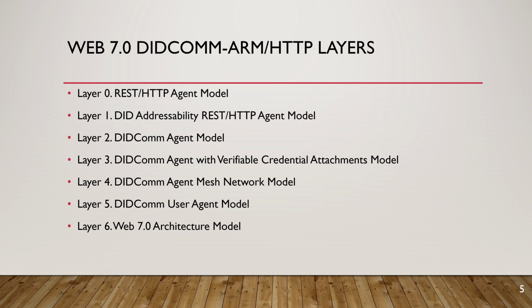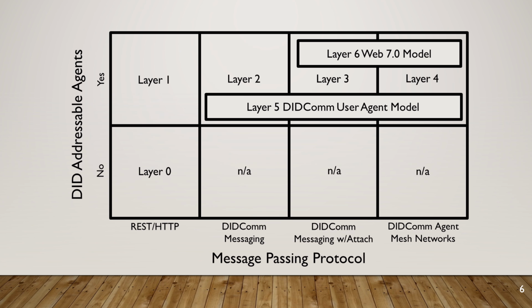So the layers, if you've looked at any of the DIDComm ARM video tutorials on YouTube, you'll be familiar with these layers. I'm going to walk through them visually. So this is a visual depiction of the DIDComm ARM model, and you can see the layers.